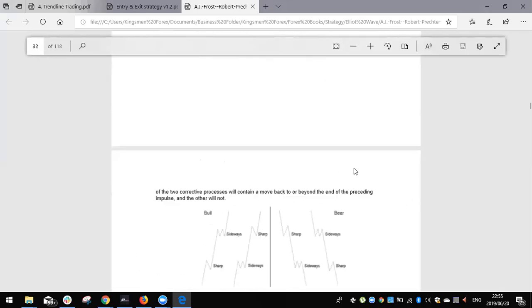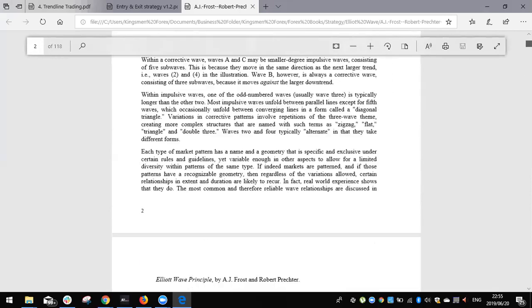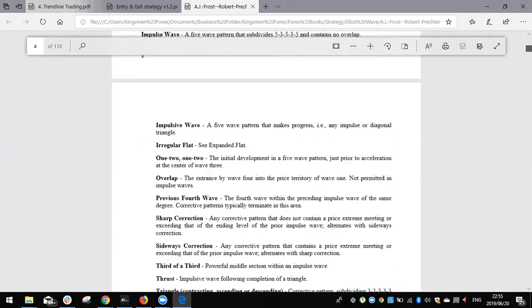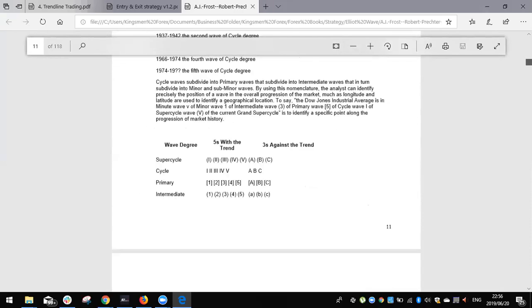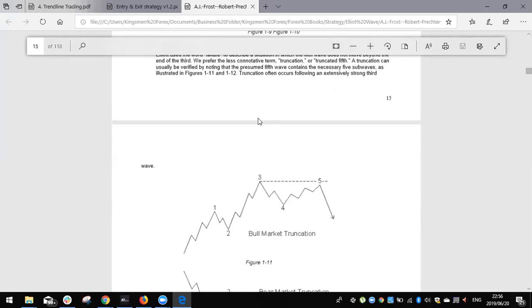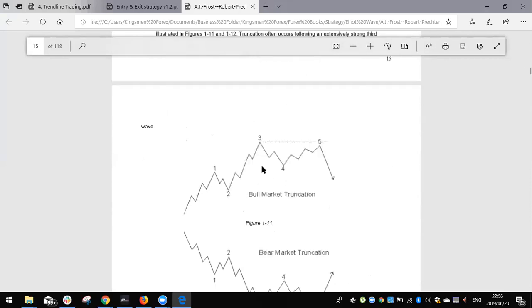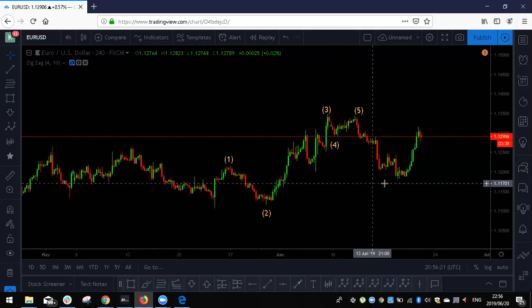It should be at the top. Okay, here it is. You see that scenario? It's right there. So according to your numbering, wave 5 is truncated.